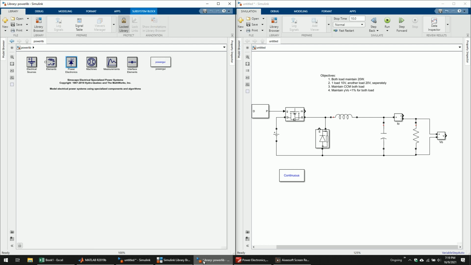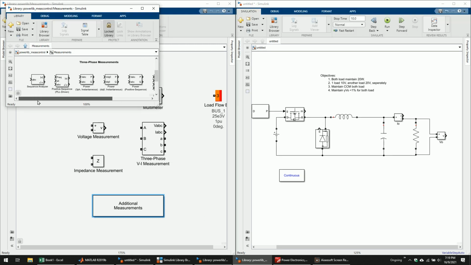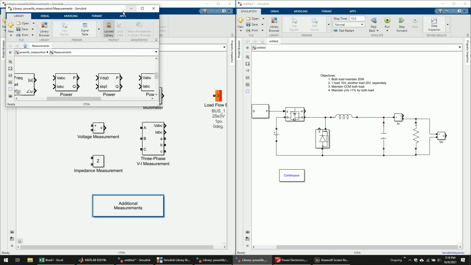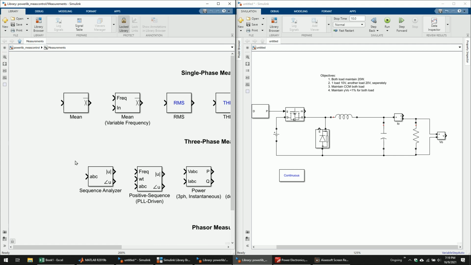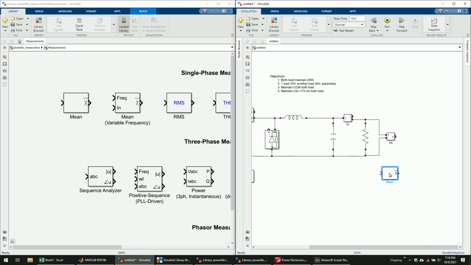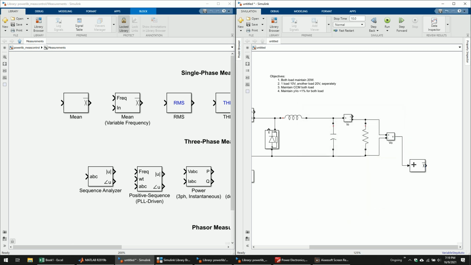When it comes to average, you go to the power library, go to the measurement, additional measurement, and you look for the top one, which is mean. This is the mean. Make sure the frequency you set is 30 kilohertz. So you need to measure the mean. And then how to display this?